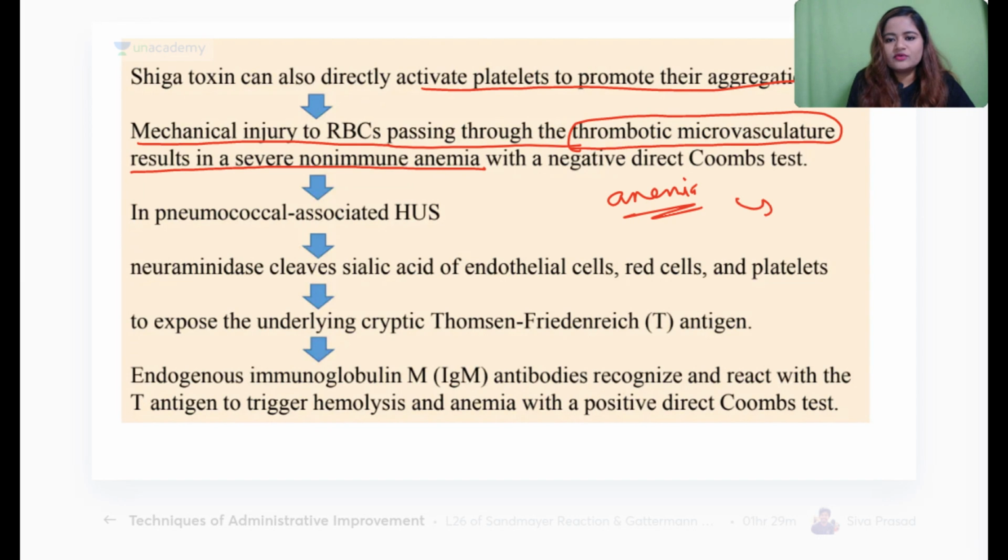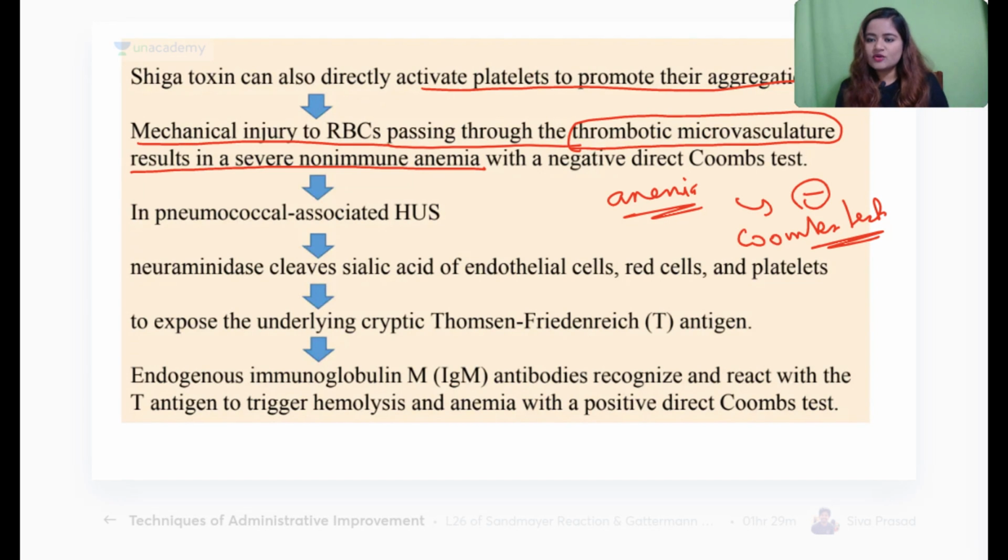So अगर आप Coombs टेस्ट करोगे तो क्या मिलेगा? You will get a negative Coombs test. मतलब ये anemia इसके autoimmune की वजह से नहीं हो रहा. This anemia is because of microangiopathic hemolysis. That means जो RBCs इन thrombi के ऊपर से cross कर रहे हैं, वो उनसे टकराने की वजह से they are getting damaged. So once they are getting damaged, that will lead to your MAHA, that is your microangiopathic hemolytic anemia.